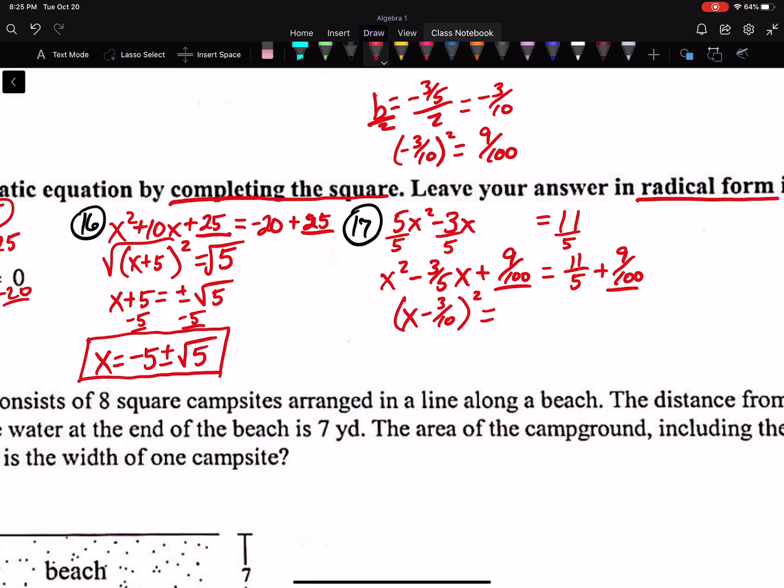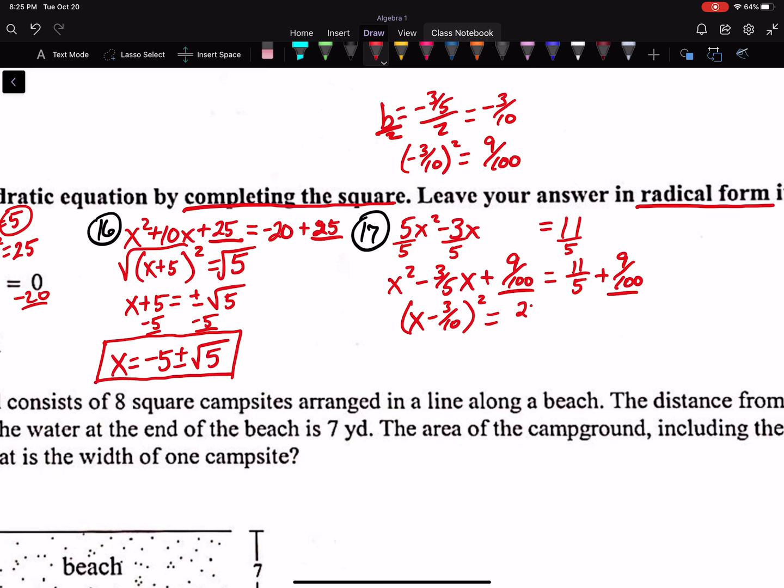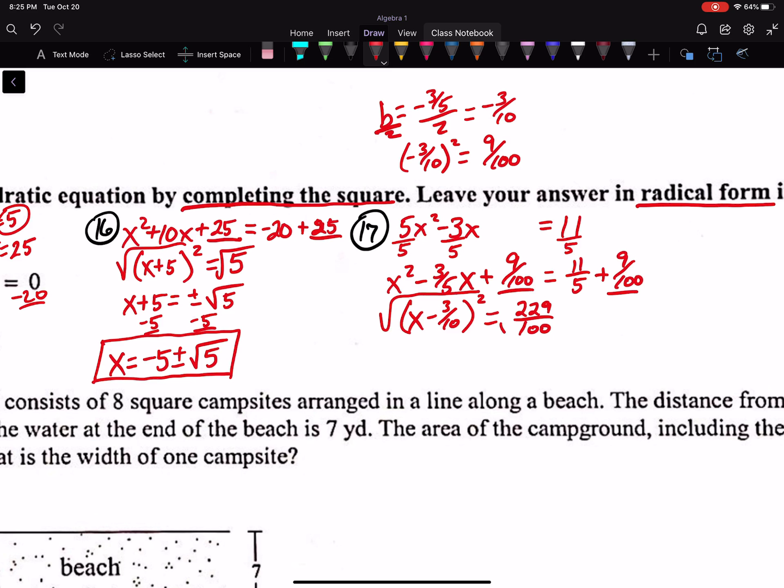You get 2.29, but you want the fraction, so you hit math, enter in your calculator. You get 229 over 100. And then we take the square root of both sides. X minus 3/10 equals, plus or minus the square root. 229 is not a perfect square, so you just leave it the square root of 229.